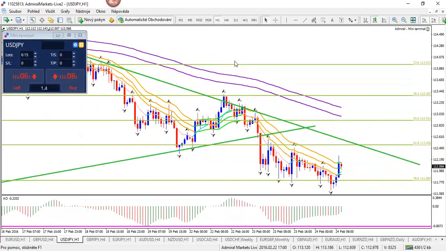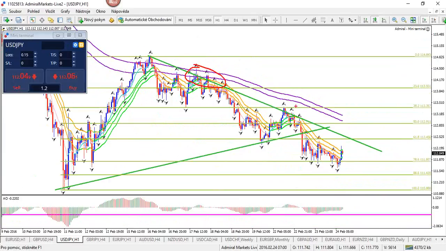Okay, so 120 pips, great job. The trend is down. It's easier to trade with the trend, and that's why these setups made already profit or break even. And it's good to focus on trading with the trend.